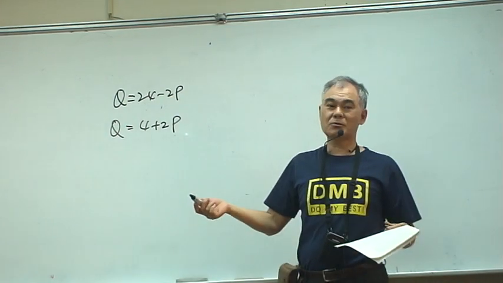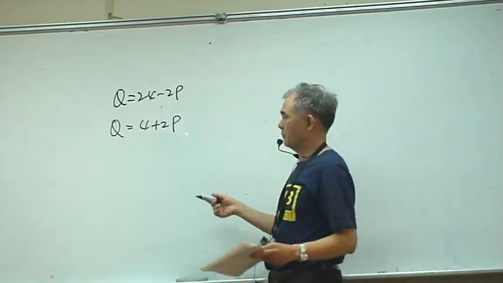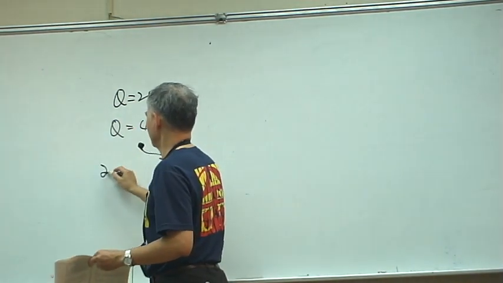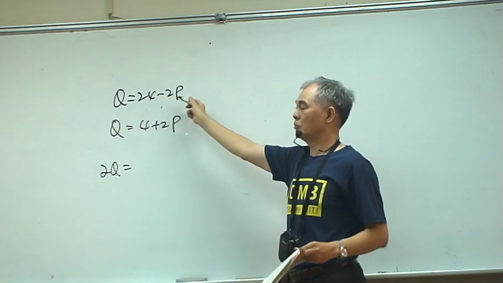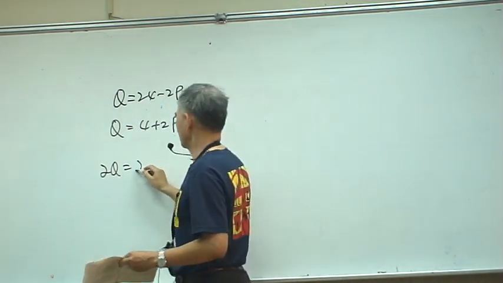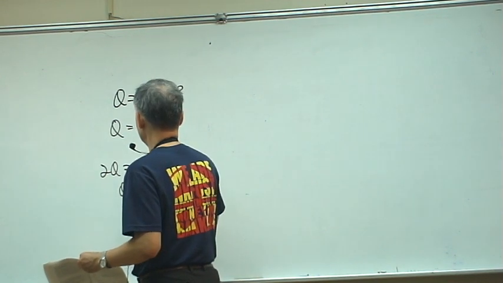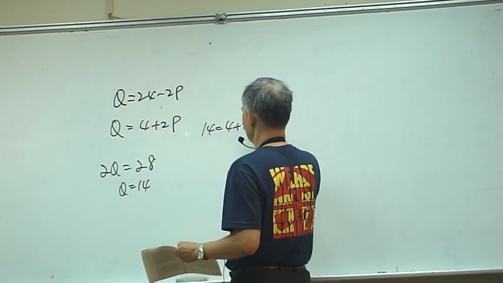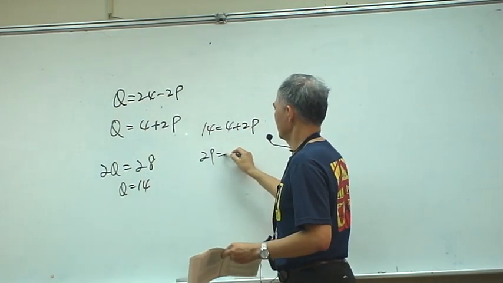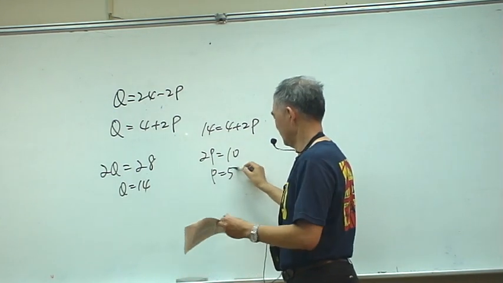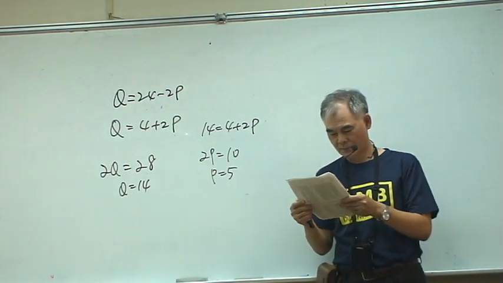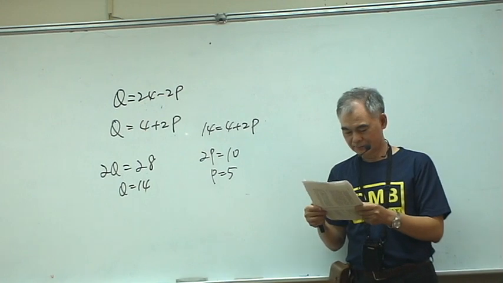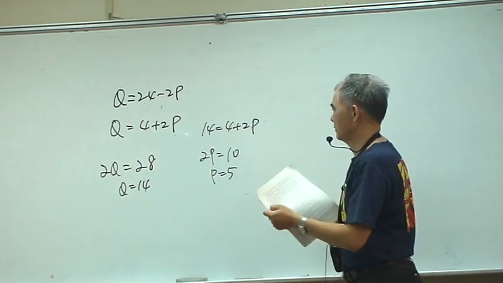This question makes the calculation very easy, because you add these two equations. Q plus Q, you have 2Q, and negative 2P and plus 2P is gone. So that's 28, so Q is equal to 14. If Q is equal to 14, then 14 is equal to 4 plus 2P, so 2P is equal to 10, and then P is equal to 5. So question 17, the answer is D. And then the consumer surplus.